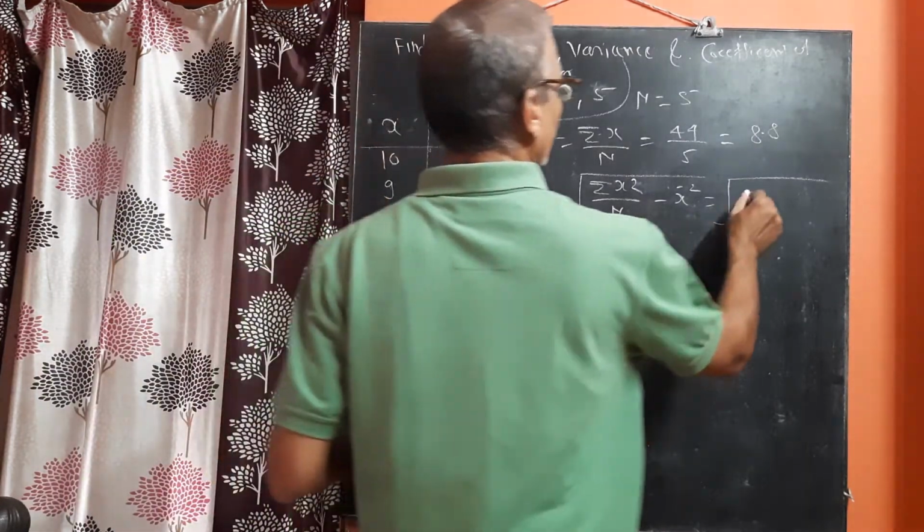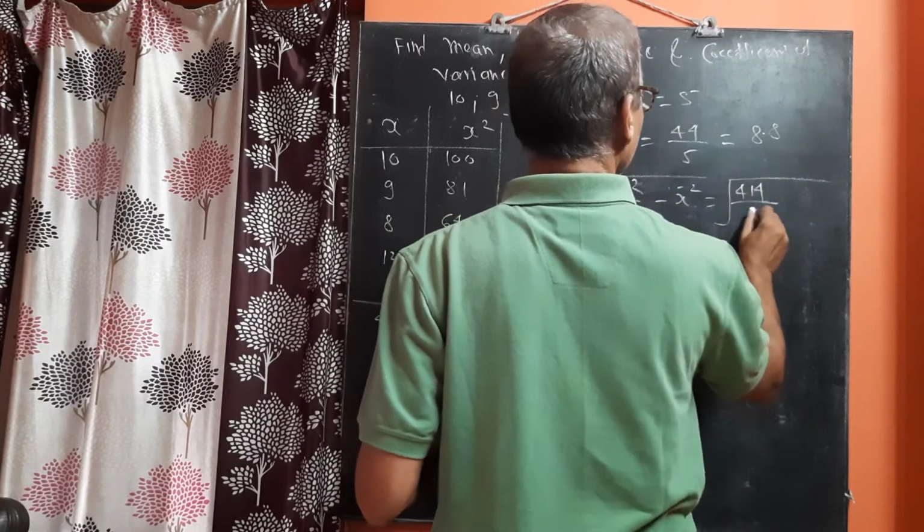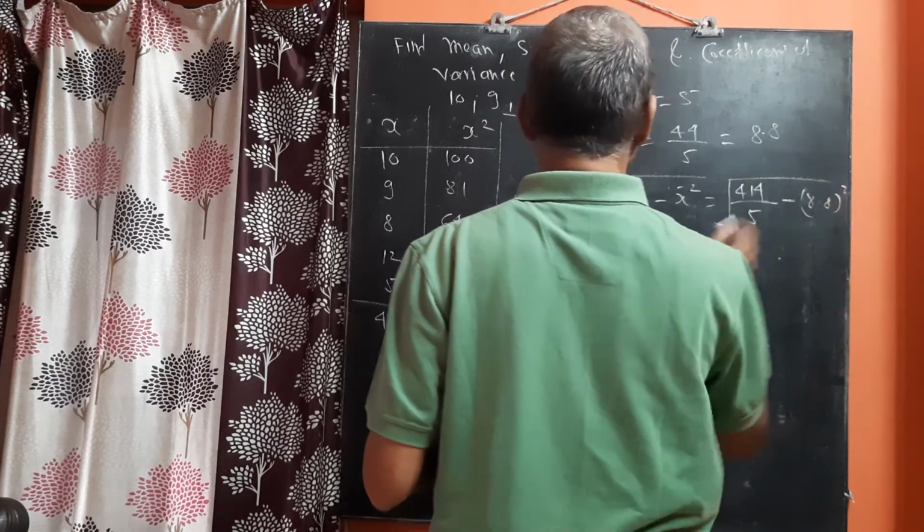So 414 divided by n, that is 5, minus 8.8 the square.